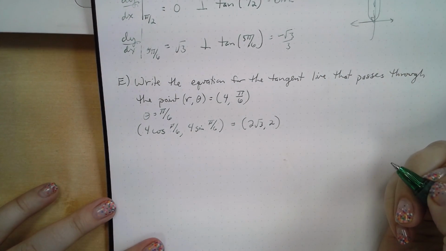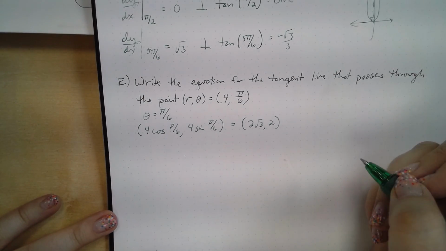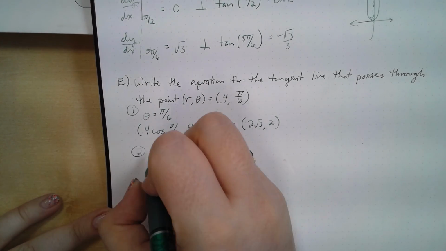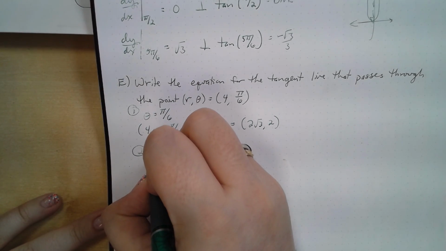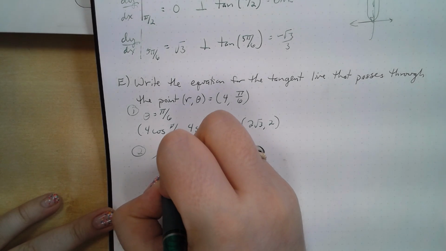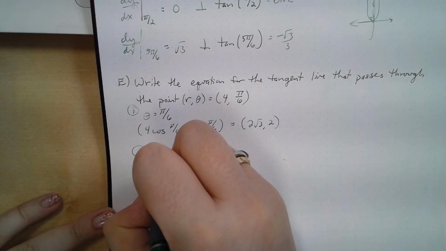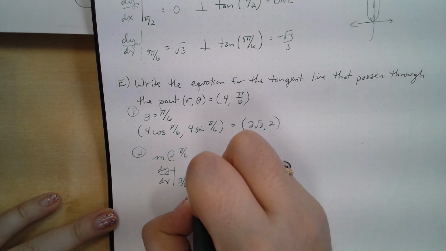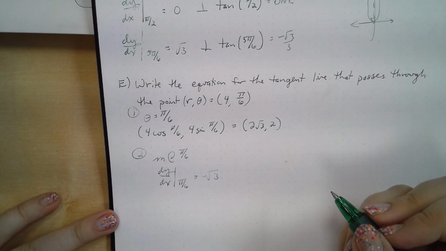So there's our xy, and that's our point. And then here, our slope at pi over 6, well, we can calculate dy over dx at pi over 6 is equal to negative radical 3, okay?